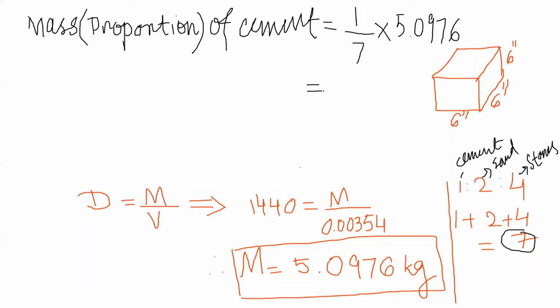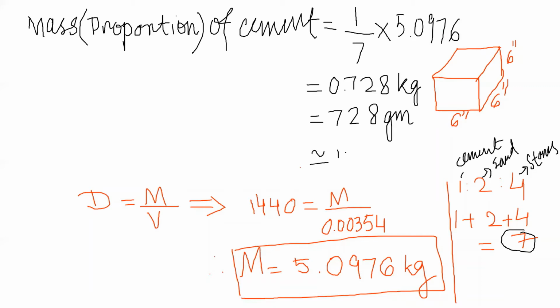The answer is coming out to be 0.728 kg. So what does it mean by that? How much amount do you have to use? You have to use 728 grams. And you can take an average of it. So you can take 800 grams, nearest possible, and not go for 750 grams.